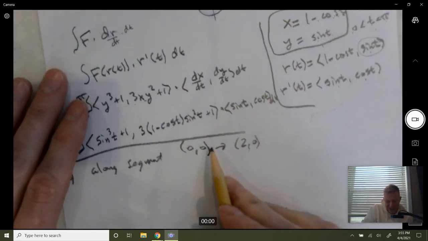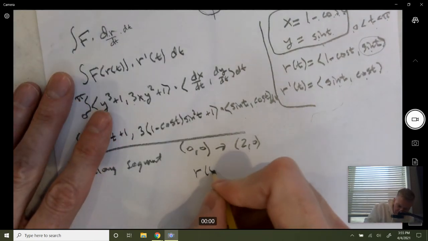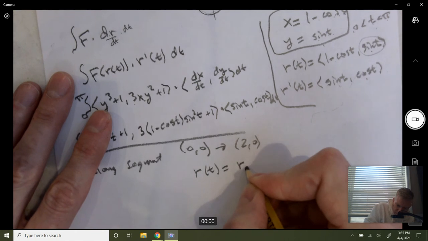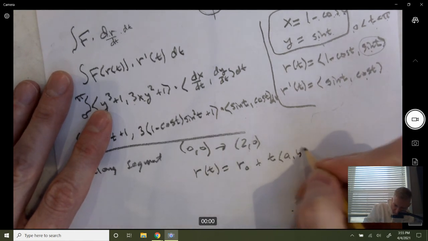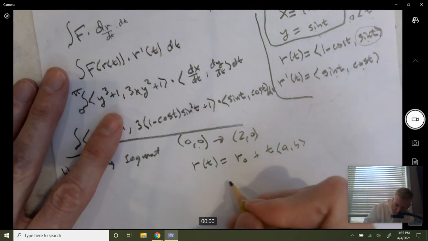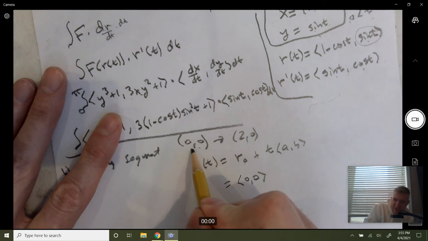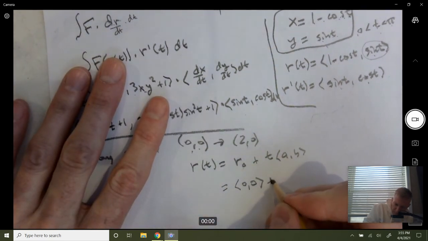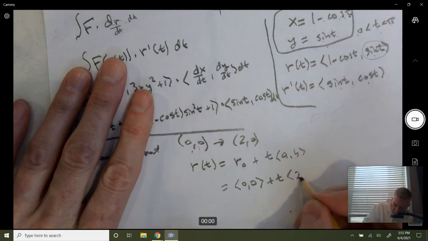Now, when I do any kind of a line segment, I like to do r(t) equals r(0), my initial point, plus t times the vector that gets you from here to here. So that's going to be the vector (0, 0) that gets you to this initial point, plus t times the vector (2, 0).